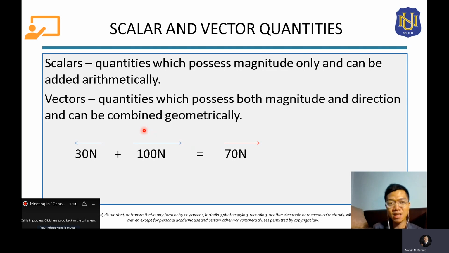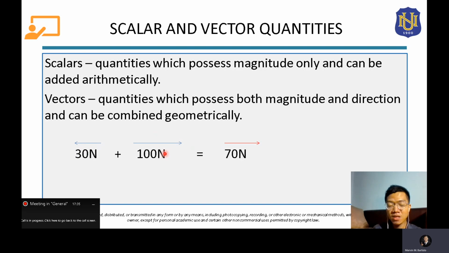But if we're going to treat them as vectors, we're going to take into consideration their direction. Let's say 30 Newton is directed towards the left, and 100 Newton is directed towards the right. Since the force that is directed to the right is larger than the force directed to the left, we can say that the force directed to the right will govern.